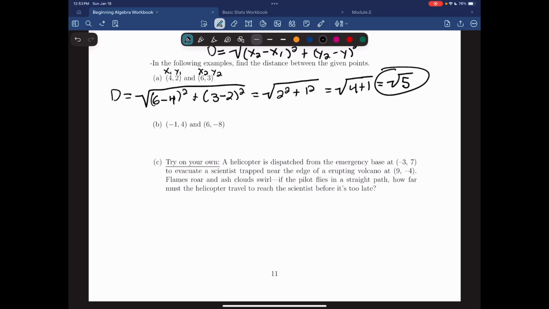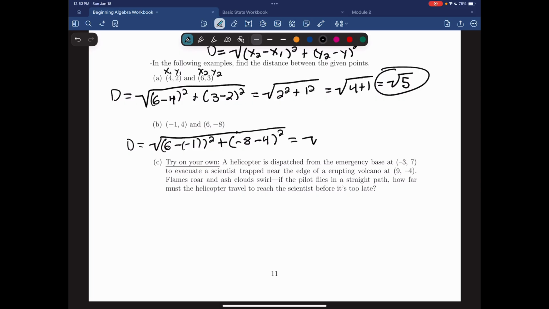For example B, we have the points -1, 4, and 6, -8. So to find the distance, I'm going to say d equals the square root of x2, 6, minus x1, -1. So we have 6 minus -1 squared, plus y2, -8, minus y1, which is 4, all squared.